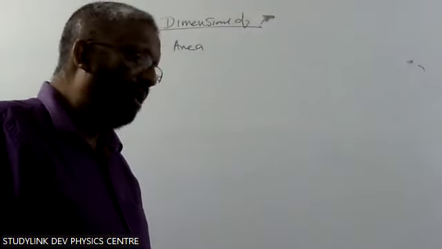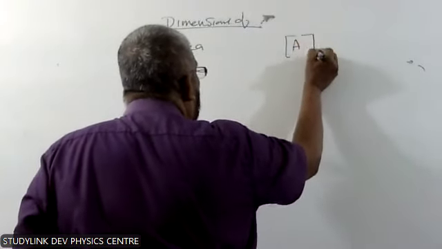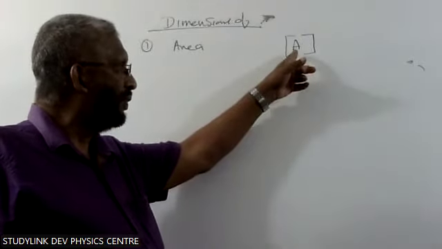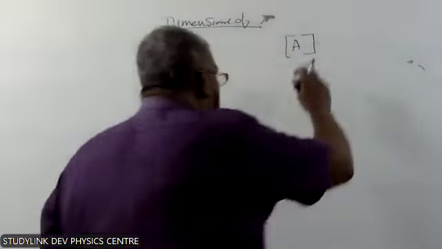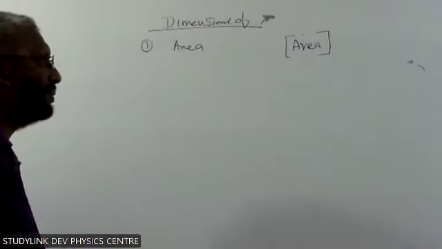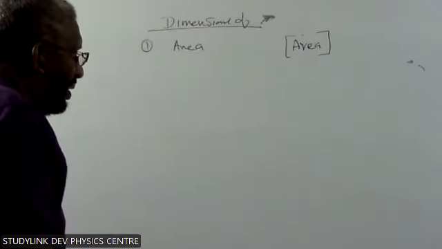Instead of writing these dimensions of area, we can write it like this: A is area, you put a square bracket. That means dimensions of area. So you can write it now.